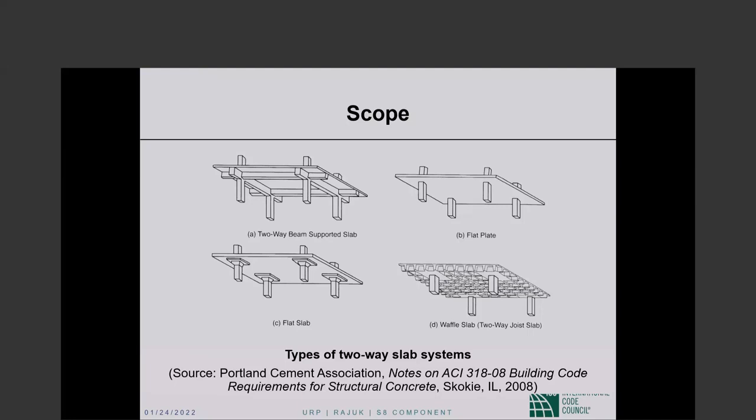So with the flat plate, the story height can be the smallest among all the slab systems available to us.